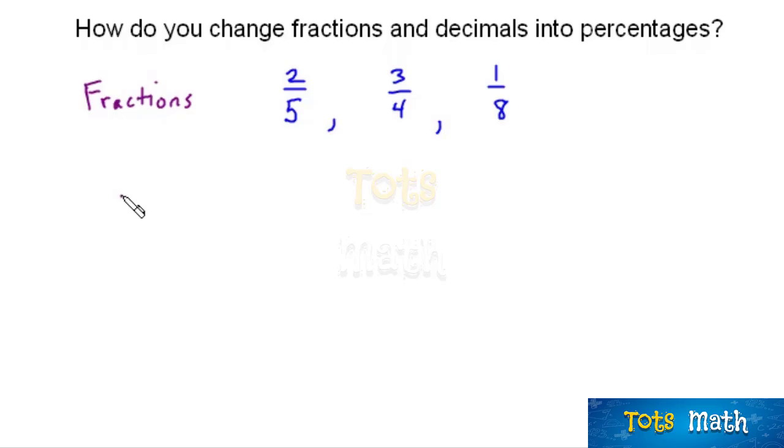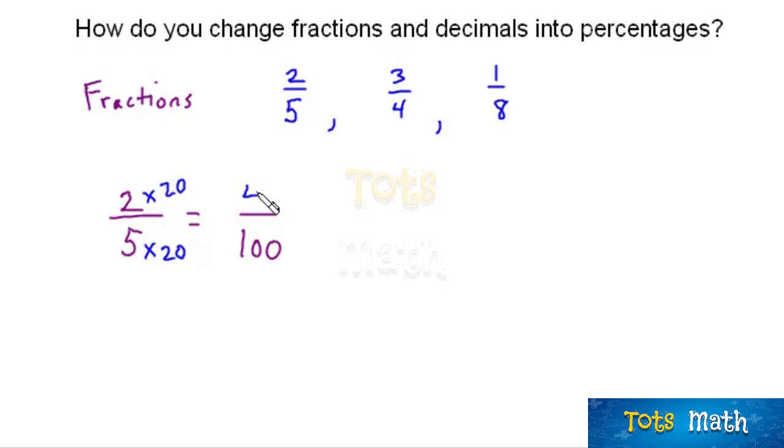We want to find an equivalent fraction for 2/5 whose denominator is 100. Well, 100 is 20 times bigger than 5. So to change a denominator of 5 into a denominator of 100, we'd have to multiply by 20. And if we multiply the denominator by 20, we have to multiply the numerator by 20.